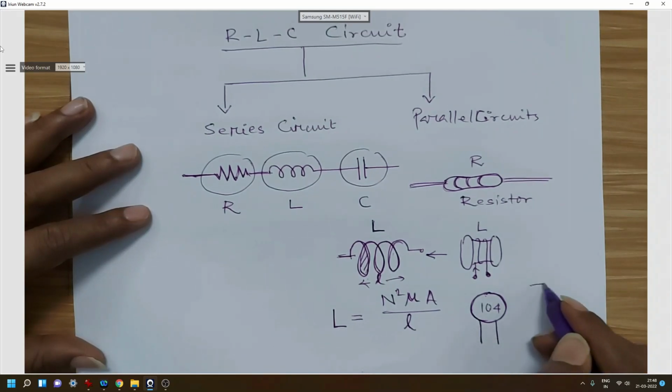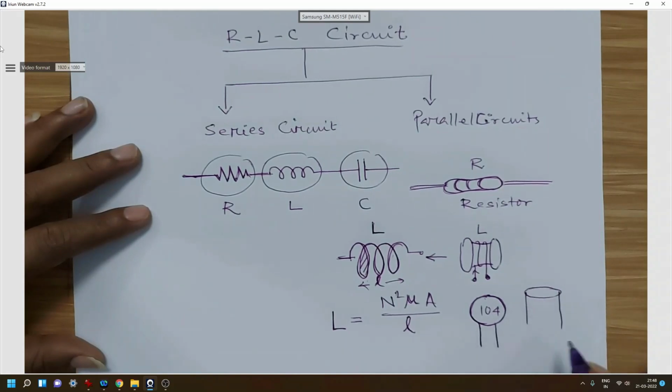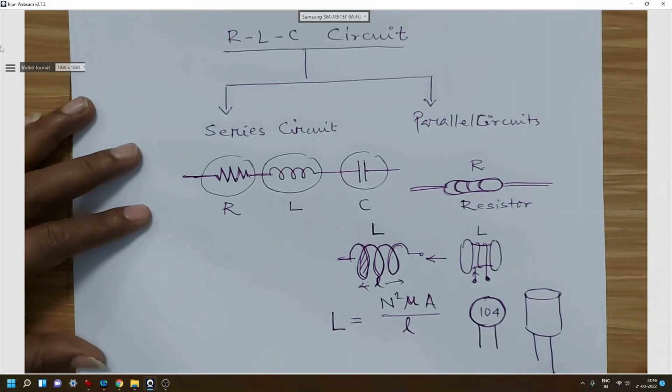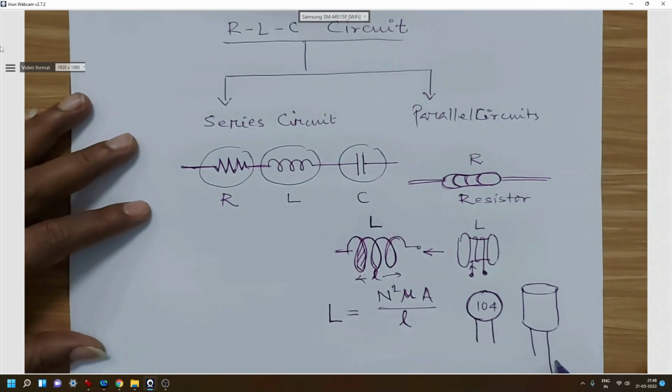Some capacitors are also found in cylindrical shape, with two leads of different lengths; generally the longer lead is the positive terminal and the shorter lead is the negative terminal. This type of cylindrical capacitor is called a polarized capacitor or electrolytic capacitor.